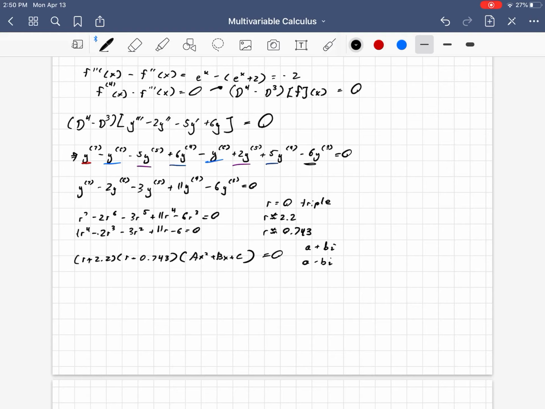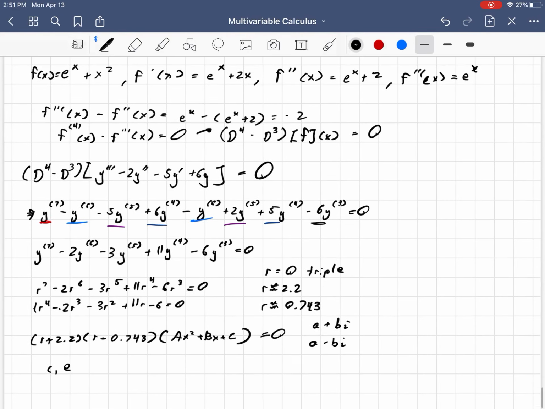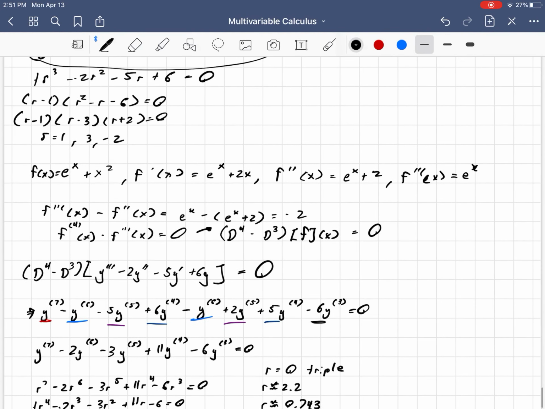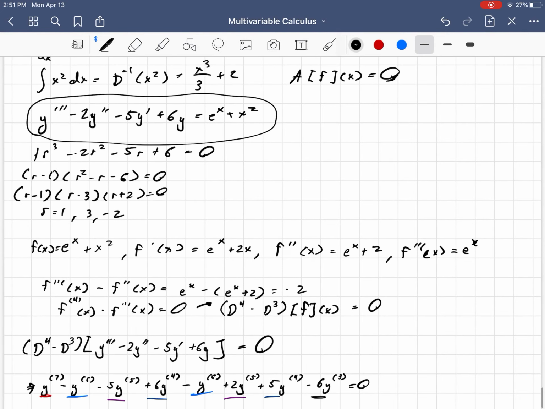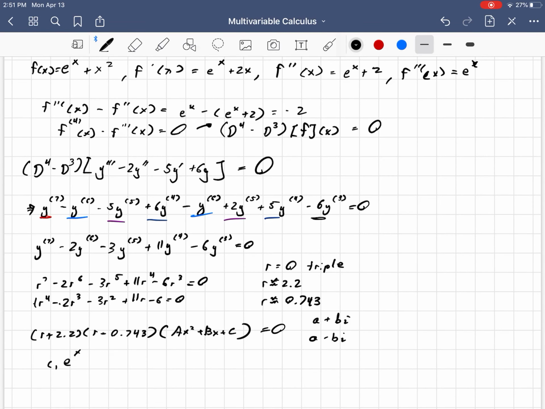So the solutions then to the differential equation would be C sub 1 e... what was the homogeneous solution?